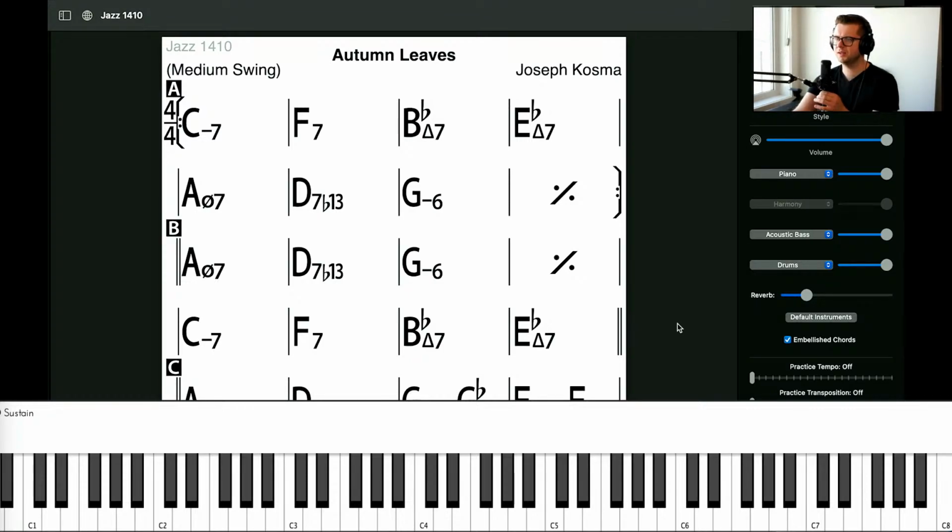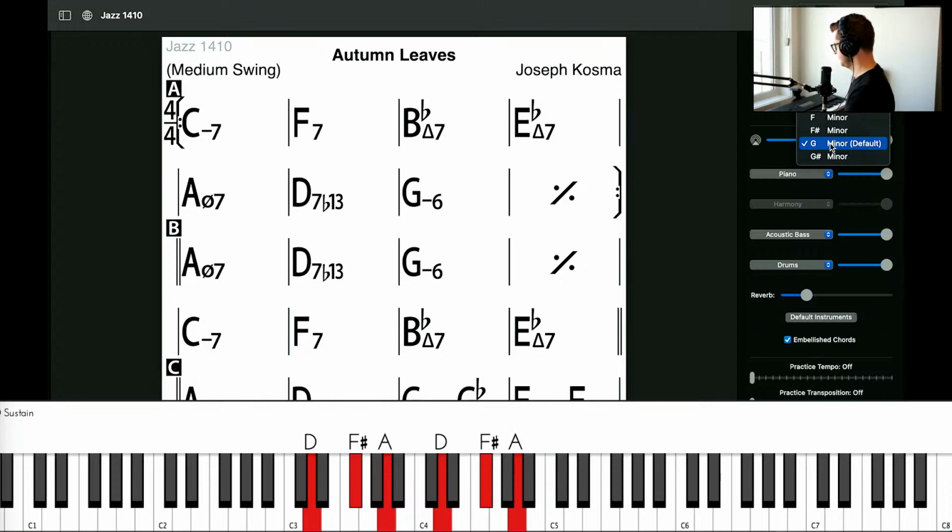What? D7? What? Starts on D7? At my window, autumn leaves.